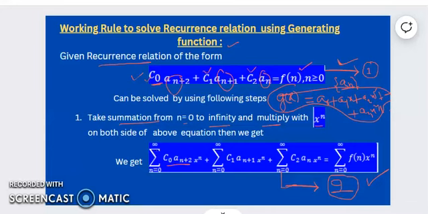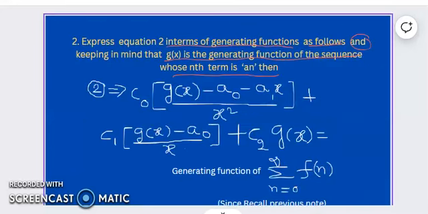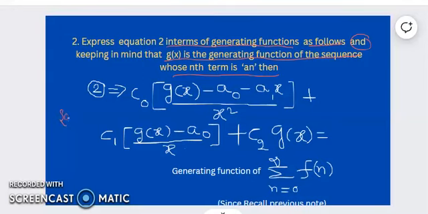Now we have the generating function formation. In the previous video we saw the generating functions of the sequences whose nth term is a(n+1), a(n+2), a(n+3) and so on.